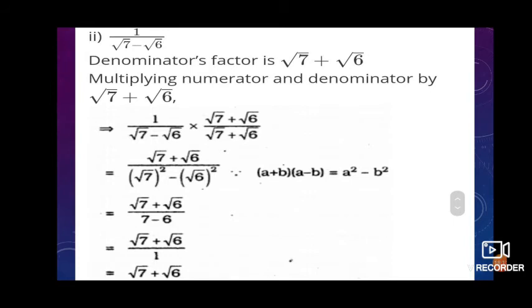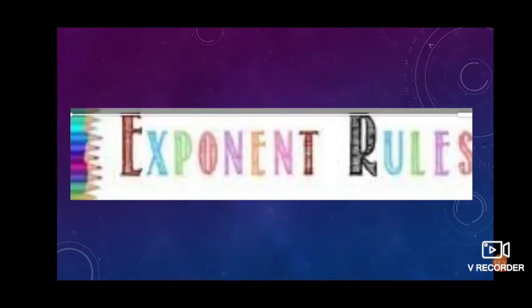Here a is root 7 and b is root 6. So whenever you apply the formula, root 7 whole square minus root 6 whole square. The square and root will get cancelled. In the denominator, we will get 7 minus 6. That is root 7 plus root 6 in the numerator, and in the denominator, 1. That's it, children.